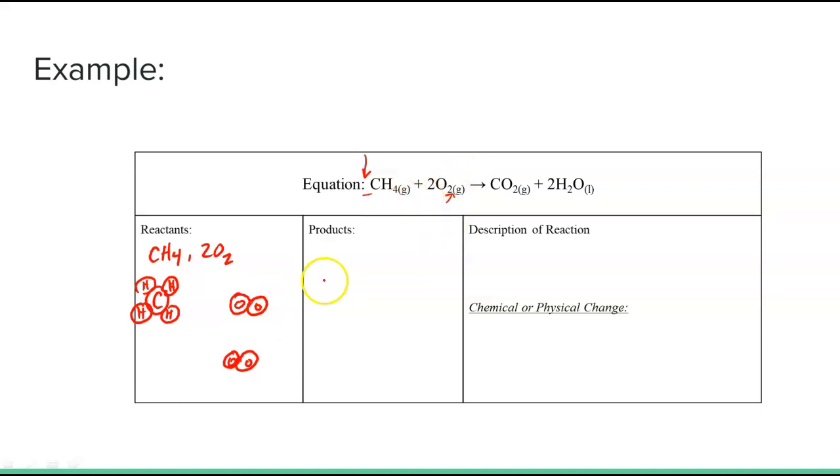For this one here, I have 2 O's bonded together thanks to this number 2, and it tells me I have 2 sets. My products, remember reactants are on the left side, products are on the right side, are CO2 and 2H2O. So if I were to draw that, I have a C with 2 O's, and then I have an O with 2 H's and another set of O with 2 H's.